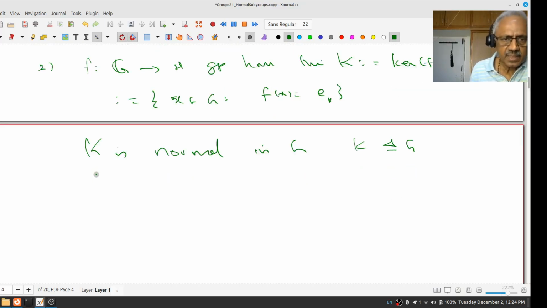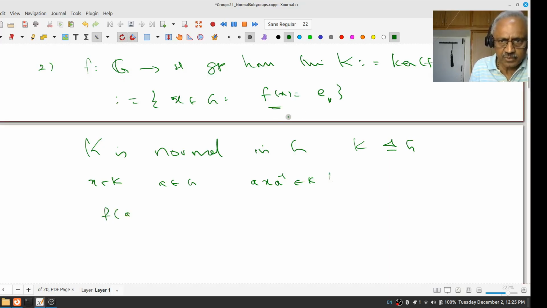Why? Let us look at x in K and a in G. You want to know whether axa inverse belongs to K. That belongs to K if and only if the only defining condition is f of that element should be identity. That is f(axa inverse) should be identity. This is what you want to know.